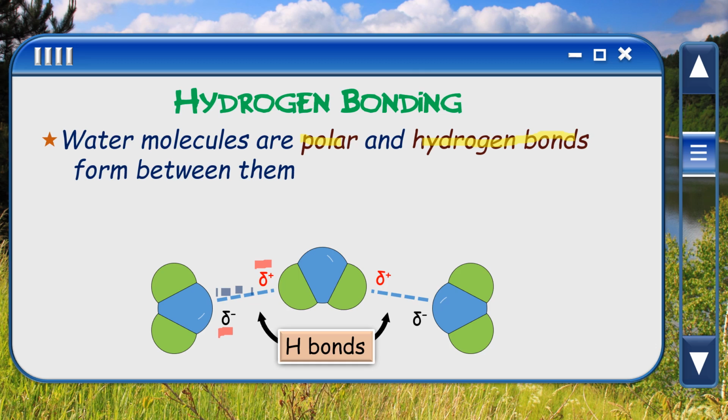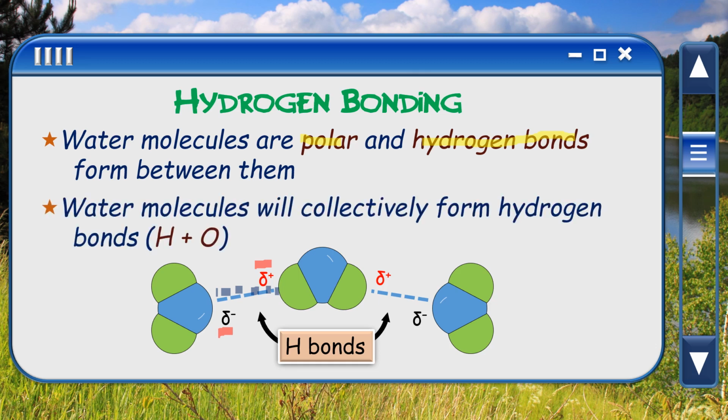The hydrogen bond is formed between the oxygen and the hydrogen of another water molecule. Water molecules will collectively form hydrogen bonds, between hydrogen and oxygen.